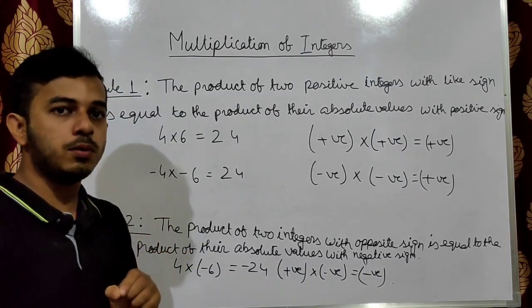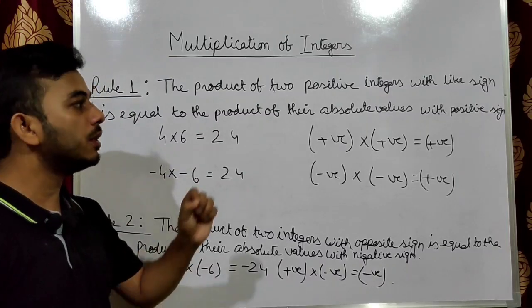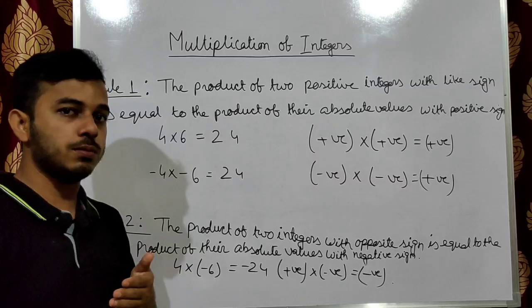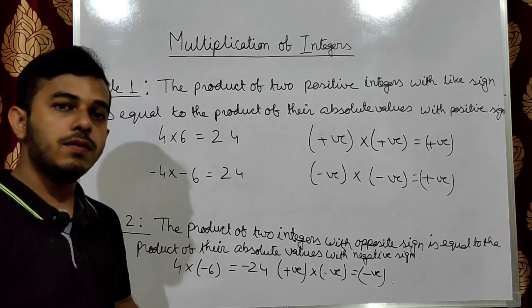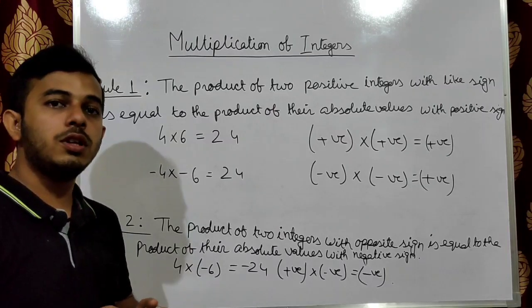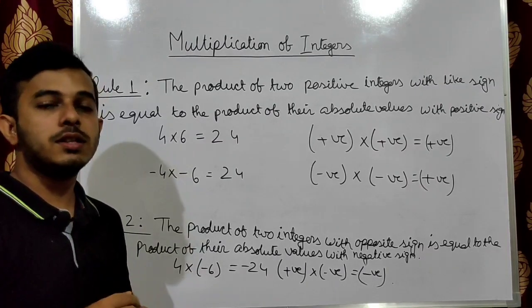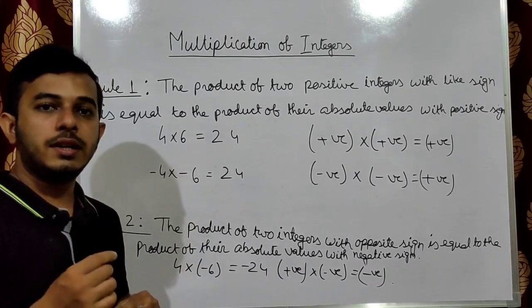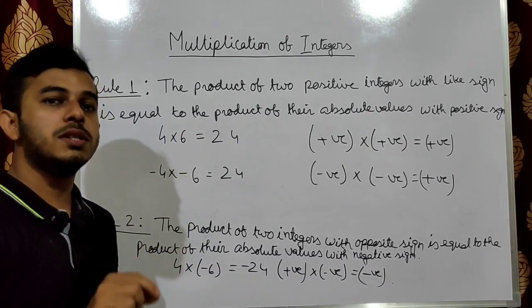This is the product of their absolute values with positive sign, and the sign will be positive. If both the integers are positive, then the sign will be positive definitely. And if both the integers are negative also, then the sign will be positive.